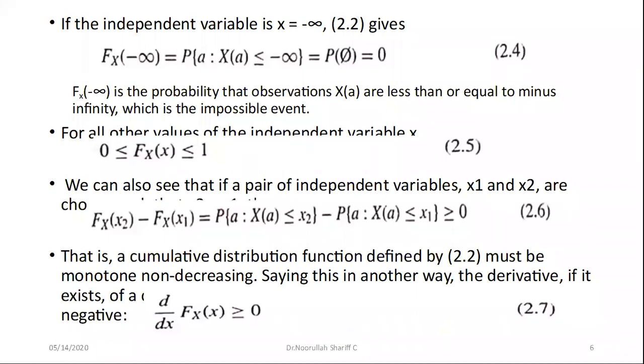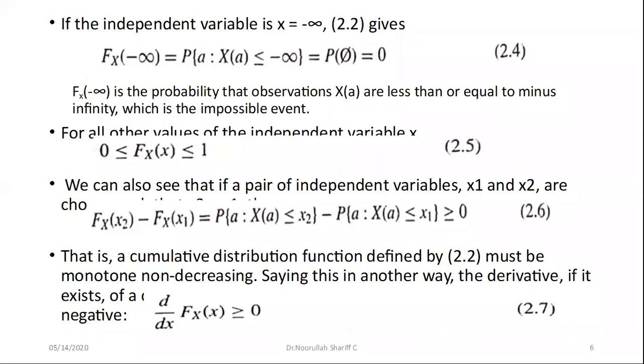So if you want to write Fx of 3, then it will be 1 by 6 plus 1 by 6 plus 1 by 6, which is equal to half.